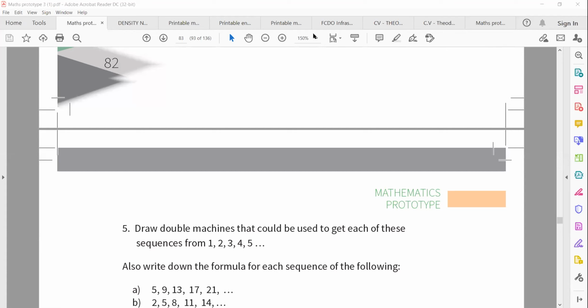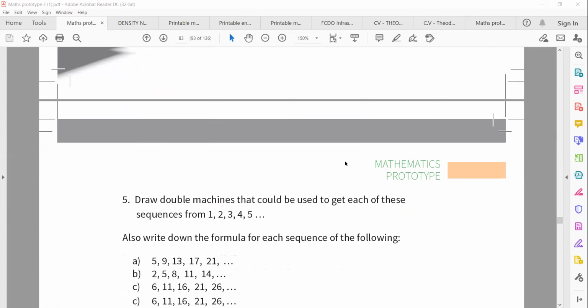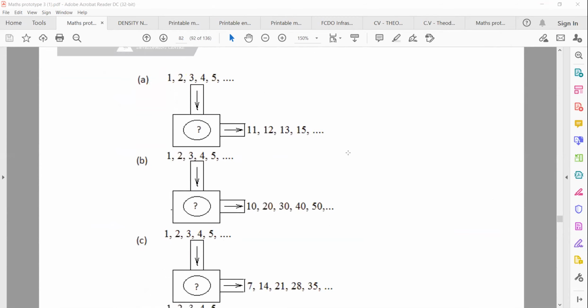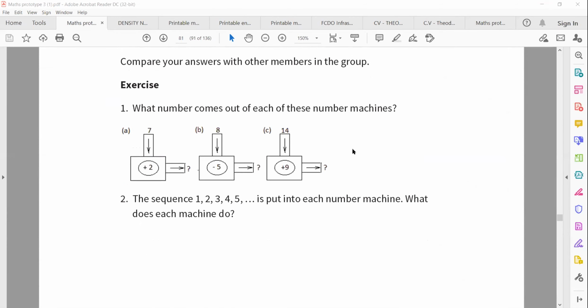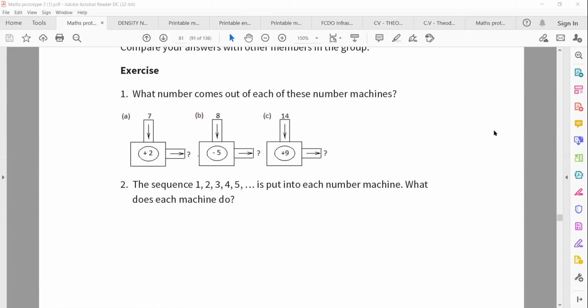We're going to look at the exercise. Mr. Field, can you scroll up? We look at this exercise. I think we didn't look at it, the number machines.